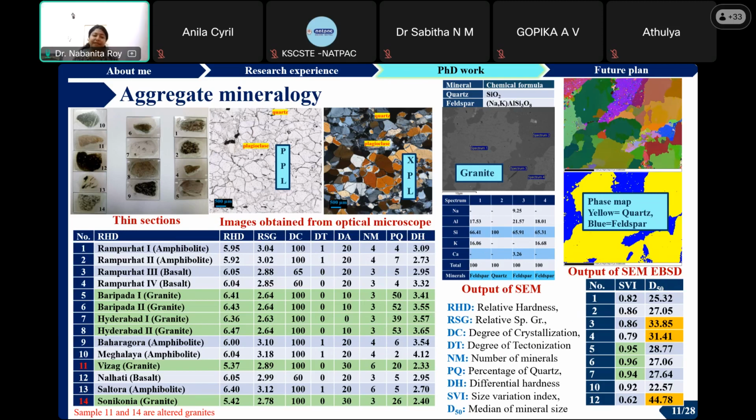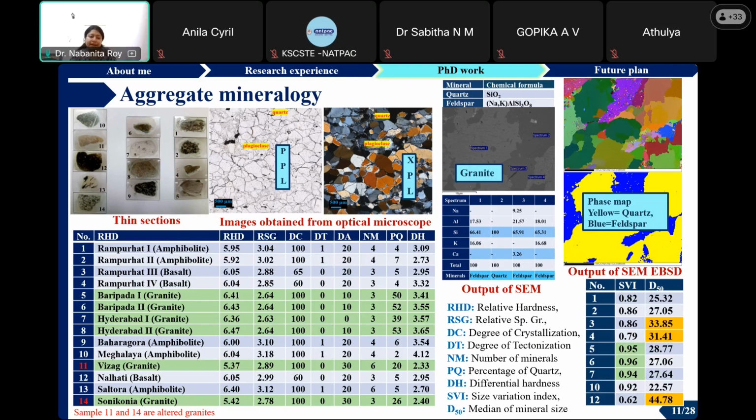What are the parameters? Relative hardness, relative specific gravity, degree of crystallization, degree of tectonization, alteration, number of minerals. Number of minerals means in a particular source of aggregate, how many different minerals are there. You can see in some cases 4, 3, even 6 is also there.